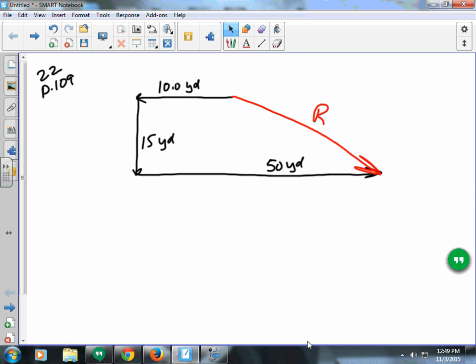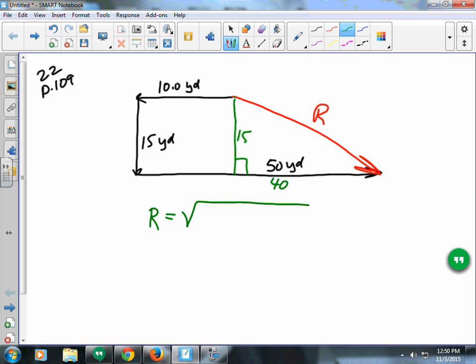Well, I was just thinking this side is 15, right? And then this would be what? 40? There's your right angle, so you could just put that in the Pythagorean theorem.